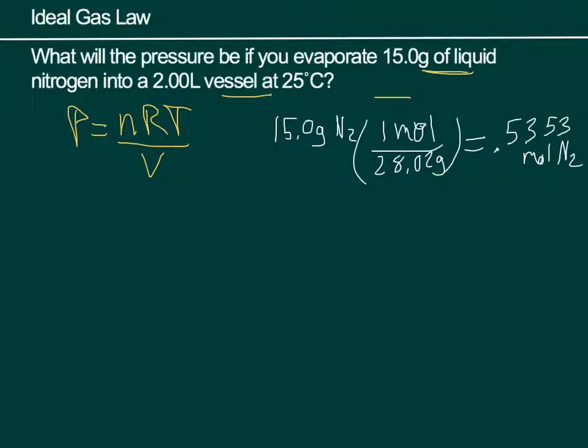So that's how many moles of nitrogen gas we're going to have in this vessel. Okay, so that gets plugged in right up here. R, 0.08206 liter atmospheres per mole Kelvin, we know that.